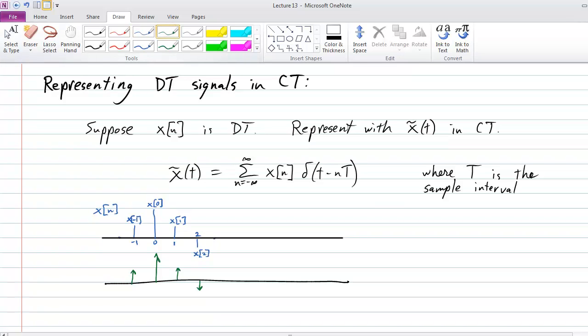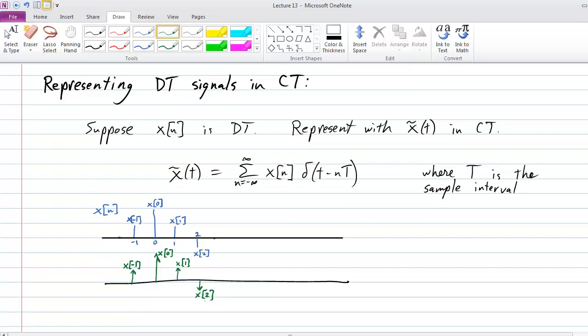And in continuous time, we're just setting the amplitude of the delta function equal to that value. So this is just, again, x[-1], x[0], x[1], x[2]. So that's what that definition gives us.